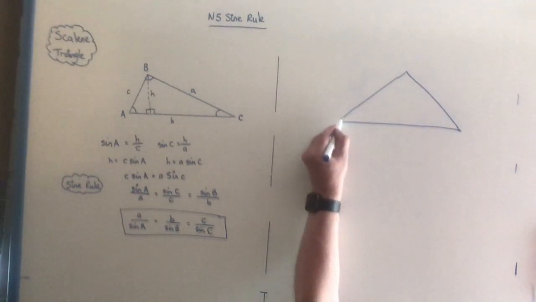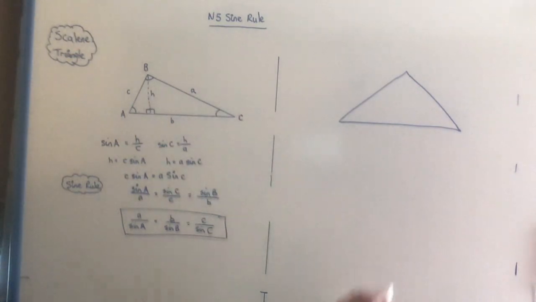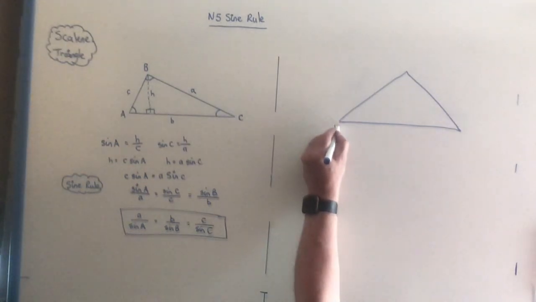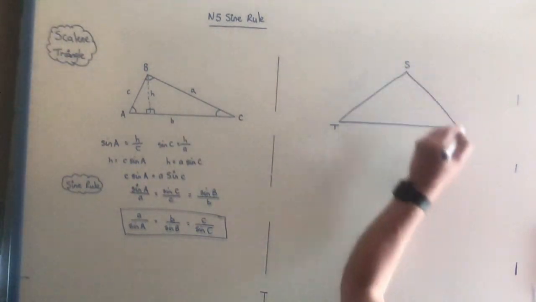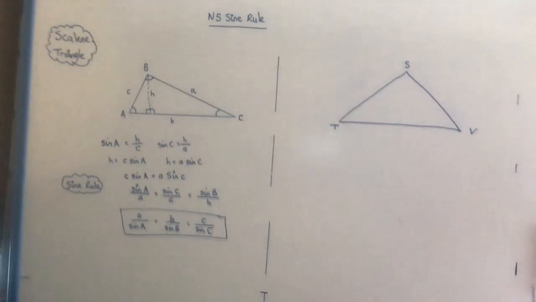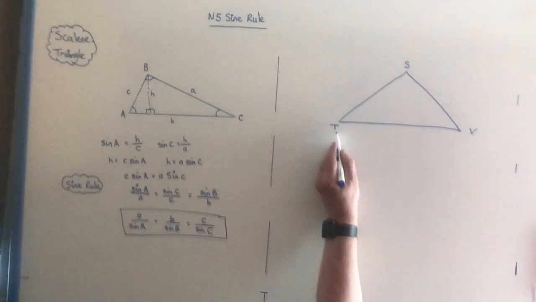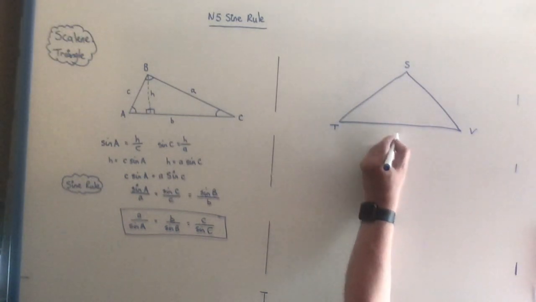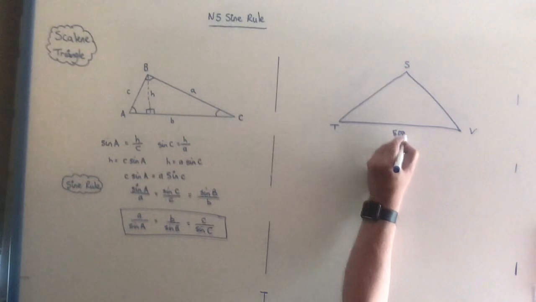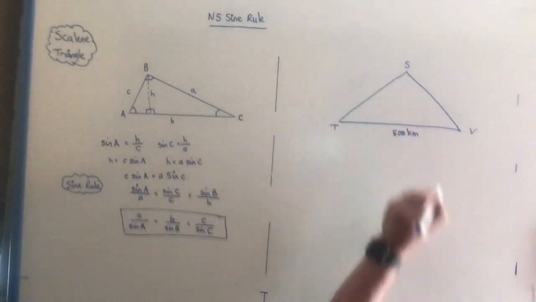Okay, so it's all to do with a satellite, and it's labelled TSV, and S for the satellite up in the sky, and it tells you that this is a transmitter and this is another transmitter, and it's 500 kilometres between these two.